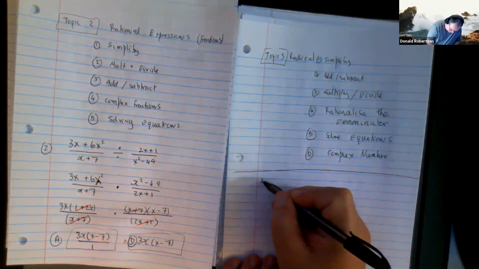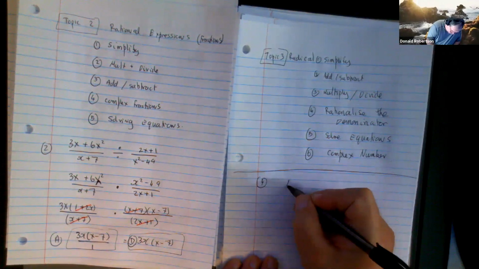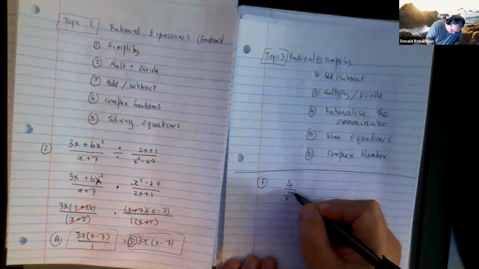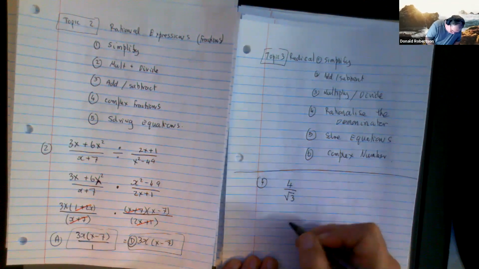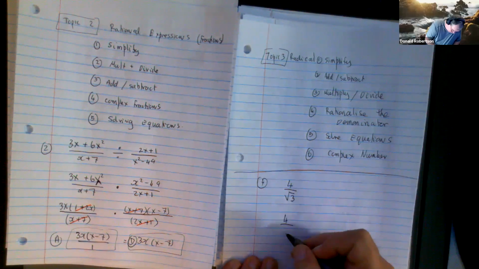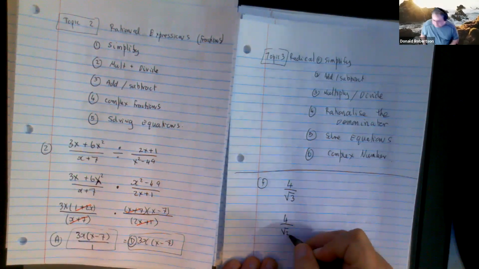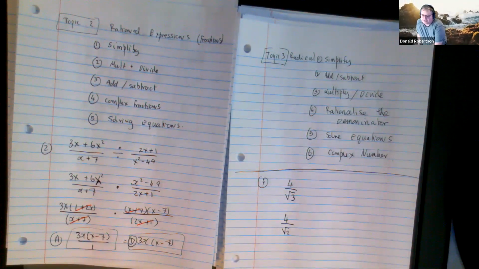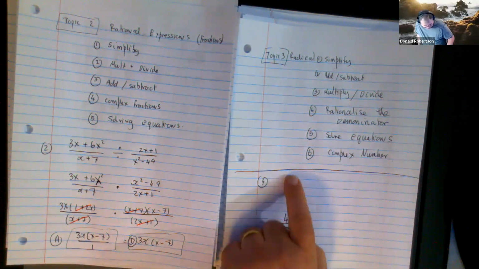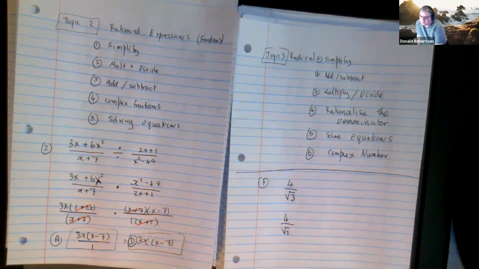Number 4. And I'll do 2 versions. Rationalize the denominator are questions where you get guys that look like this, and you want to make the bottom square root disappear.